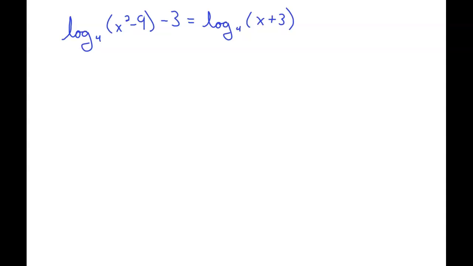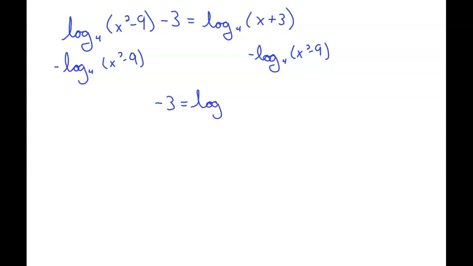I need to get my logs on the same side. So I'm going to subtract my log base 4 of x squared minus 9 from both sides. I will get a negative 3 is equal to log base 4 of x plus 3 minus log base 4 of x squared minus 9.